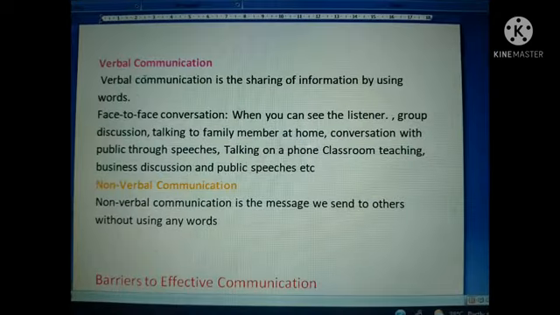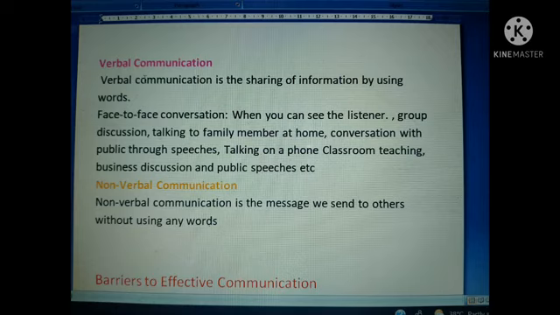Then let us go to another topic, that is types of communication. It can be divided into verbal communication, non-verbal communication and visual communication. Now let us discuss verbal communication. Verbal communication is the sharing of information by using words.